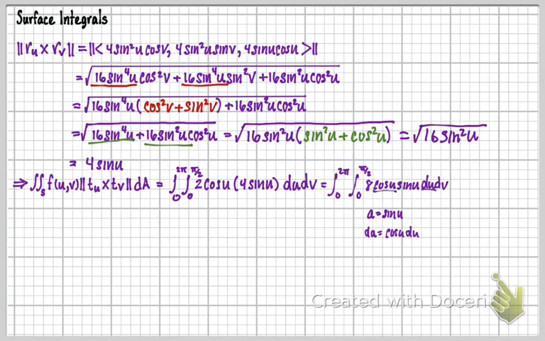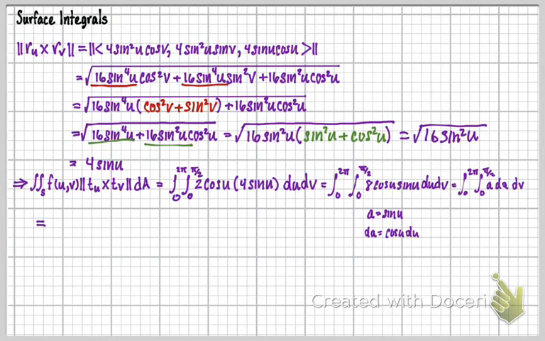So I'm going to put it in place of cosine u du dA. And then I'm just going to plug in my a for my sine of u. So we're going to get the integral from 0 to 2 pi, which we haven't touched yet, 0 to pi over 2, which we're getting to, and that's going to be a dA dv.